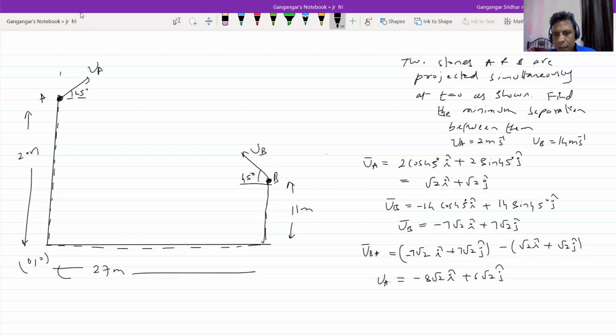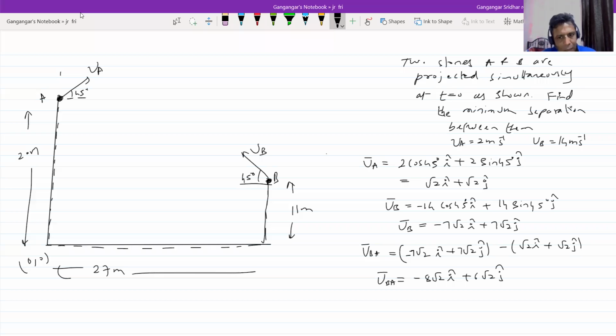Look at this UBA. With respect to the ground, B will move in a parabolic path, and A will also move in a parabolic path. But with respect to A, B will move in a straight line.